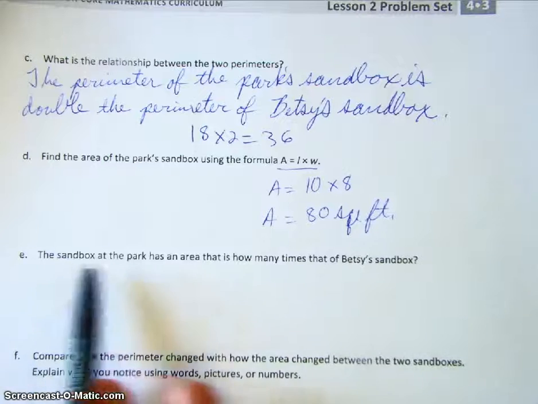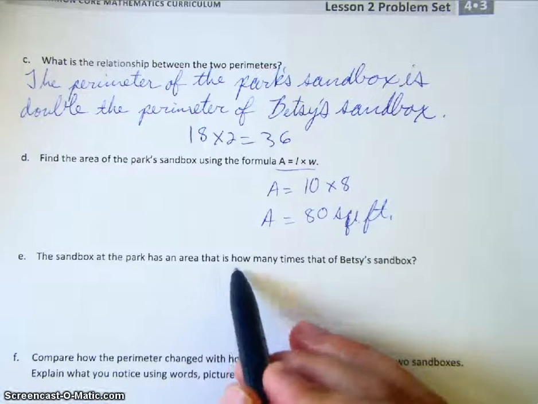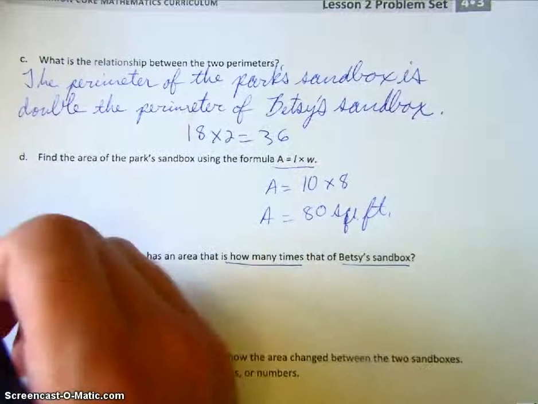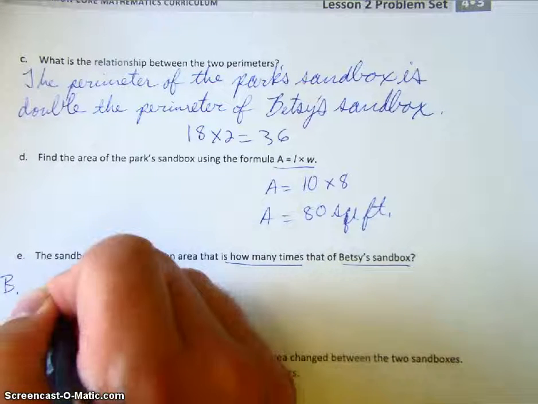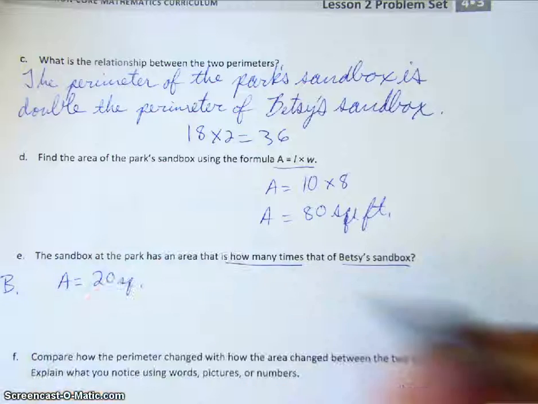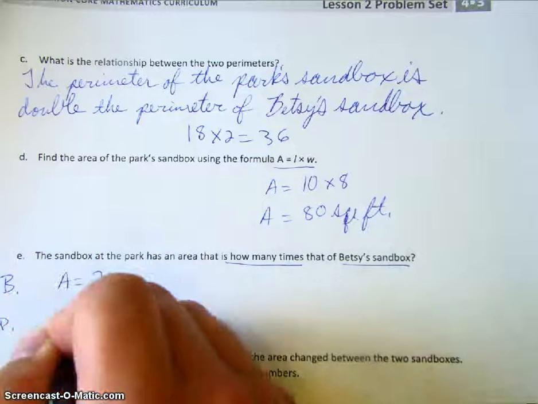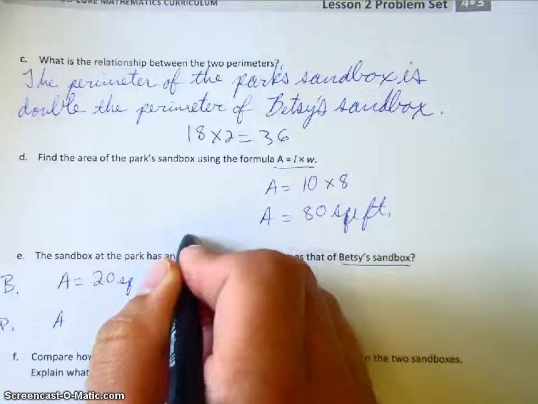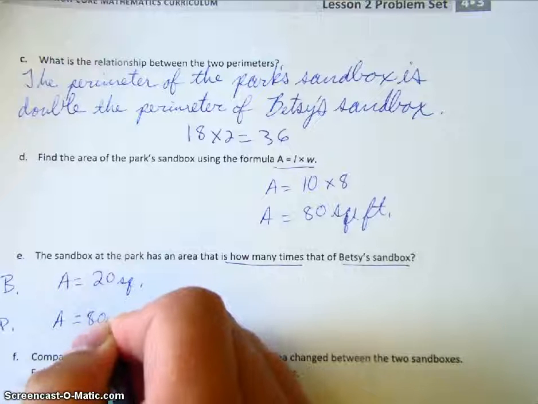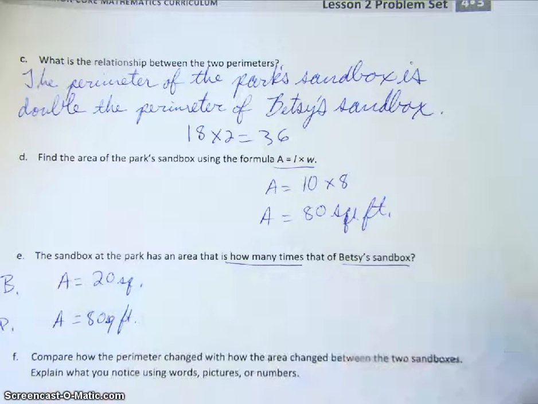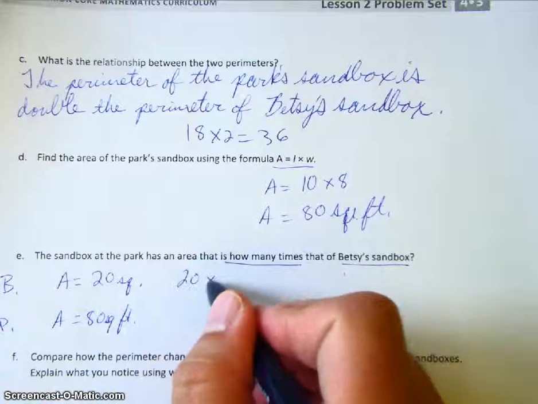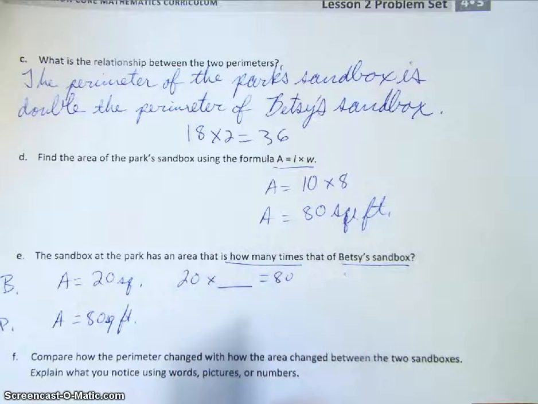Now the sandbox at the park has an area that is how many times that of Betsy's sandbox? Betsy had an area that equaled 20 square feet. Now the park, looking at what we just did in letter D, had an area of 80 square feet. So we need to figure out 20 times what gives us 80.